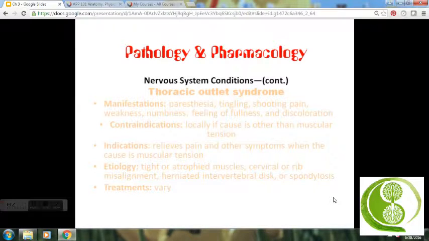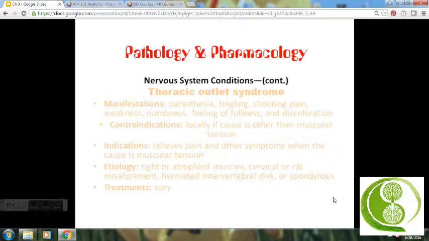Contraindications: locally, if the cause is other than muscular tension. Massage is indicated to relieve the pain and other symptoms when the cause is muscle tension. So if a muscle is putting pressure on that brachial plexus, then massage is indicated to relieve that pain and other symptoms.